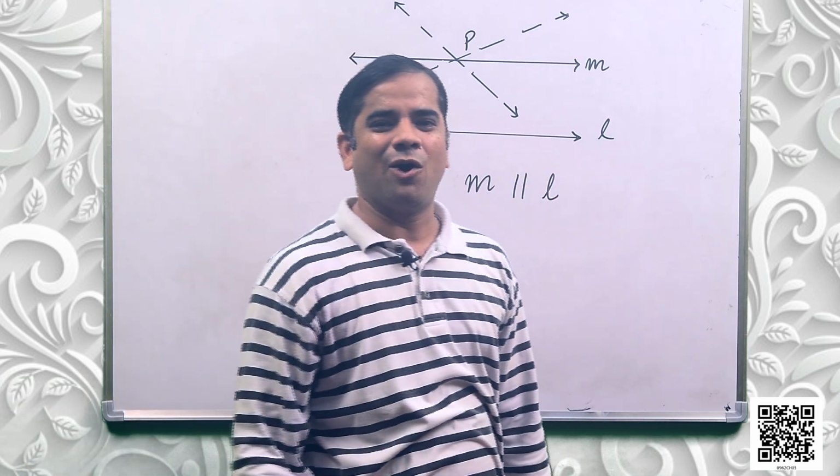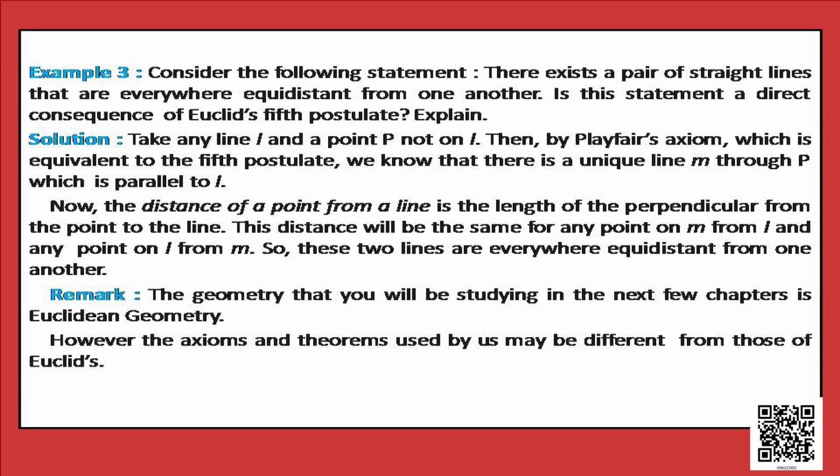Now the distance of a point from a line is the length of the perpendicular from the point to the line. This distance will be the same for any point on M from L and any point of L from M. So these two lines are everywhere equidistant from one another.